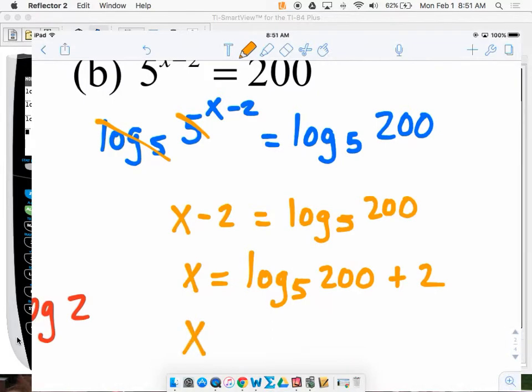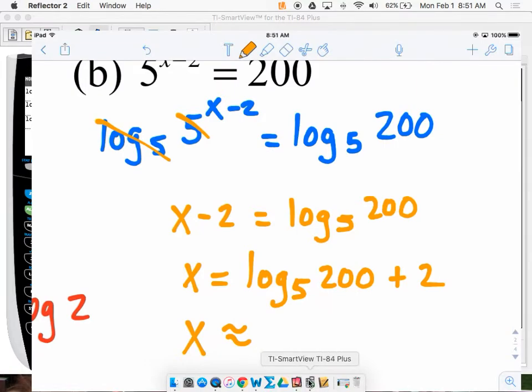And that would roughly be what? No, because this is one answer, log base 5 of 200, and then you're going to add 2 to that. If this was log base 5 of 200 plus log base 5 of 2, then yes, you could put them together, but they're separate.